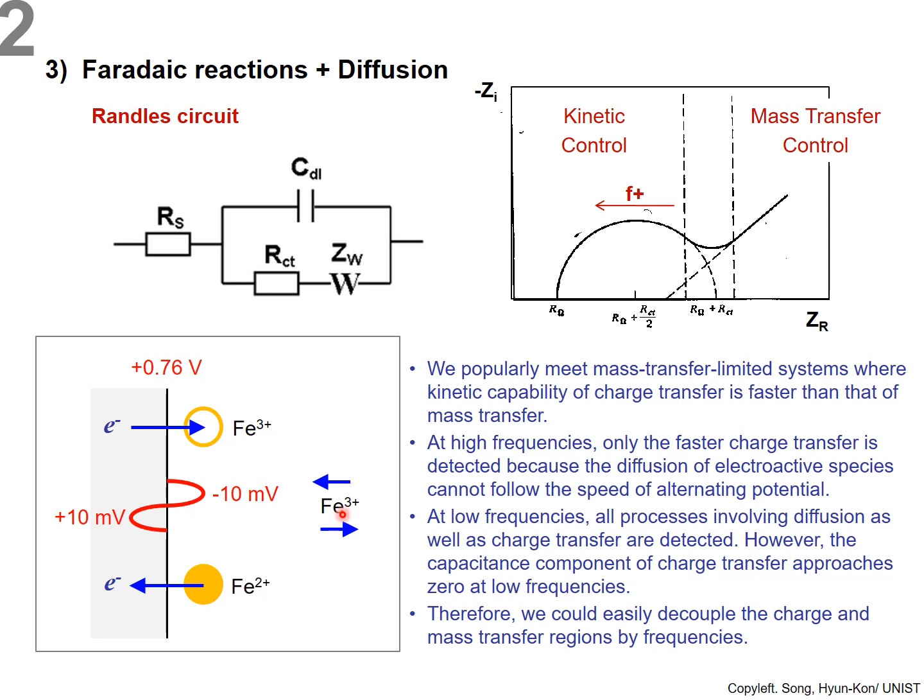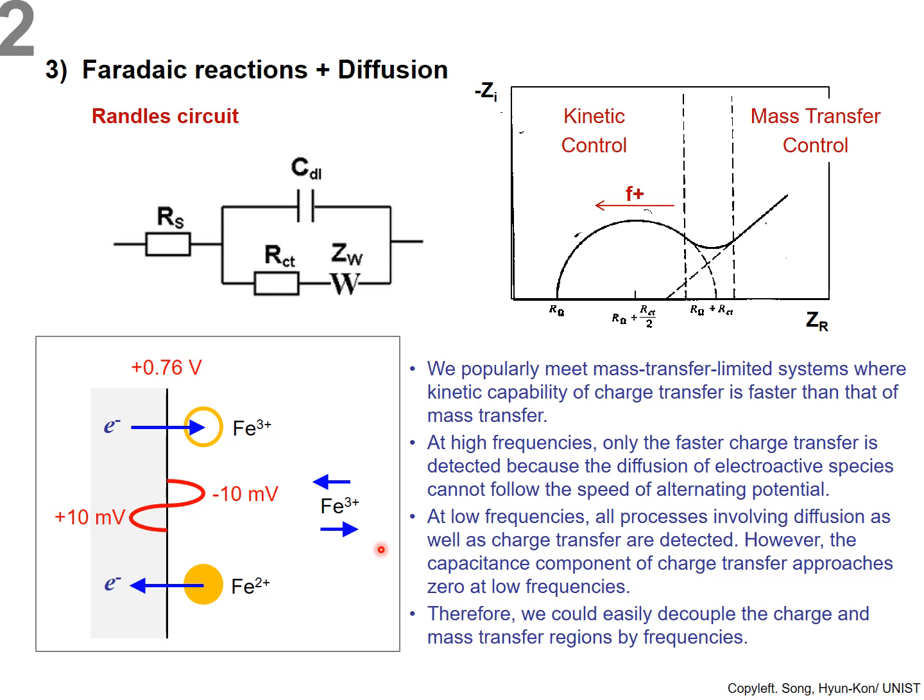So I mean, at very high frequency alternation of the small amplitude of potential around the +0.76 volt, we could detect only the electrochemical process of charge transfer. We cannot detect the mass transfer in this case.